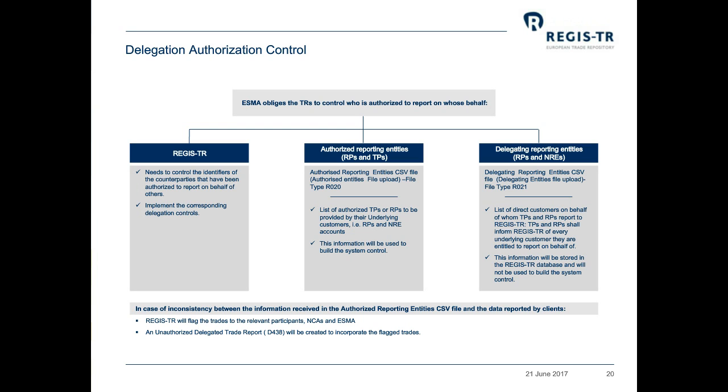Well, I have to say that in terms of the inter-TR reconciliation process under the revised technical standards, REGIS-TR together with the rest of the TRs are currently reviewing those terms. So for the time being, there are still some open points in the inter-TR reconciliation.